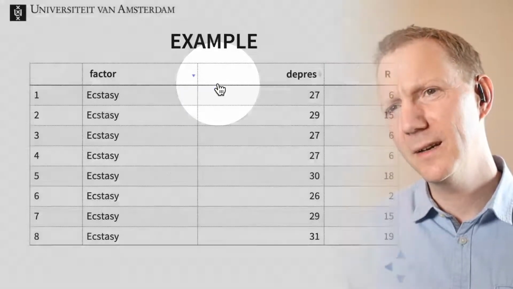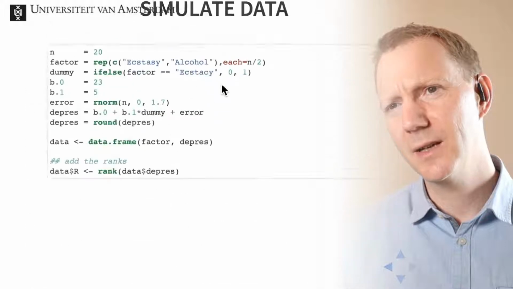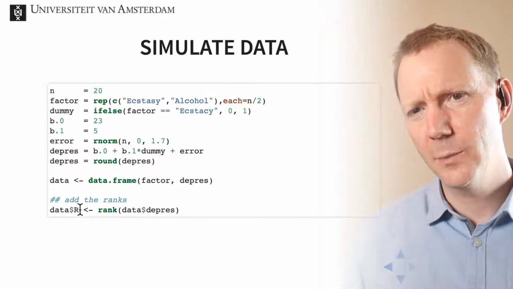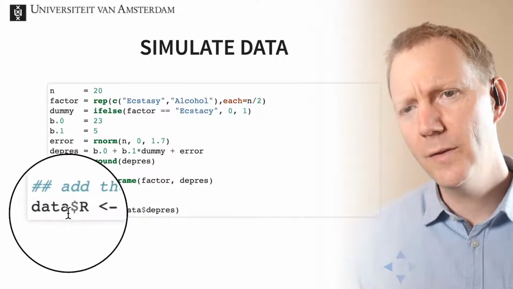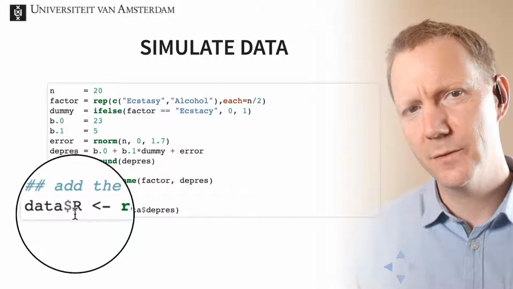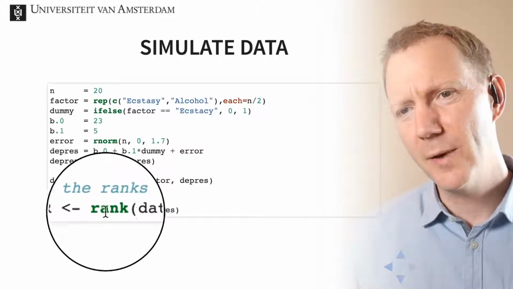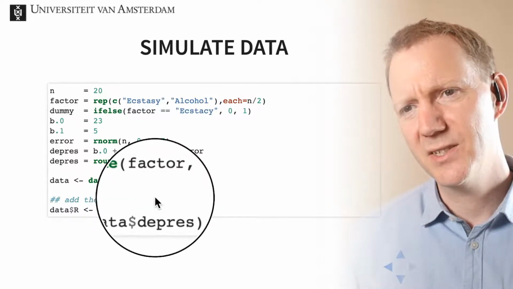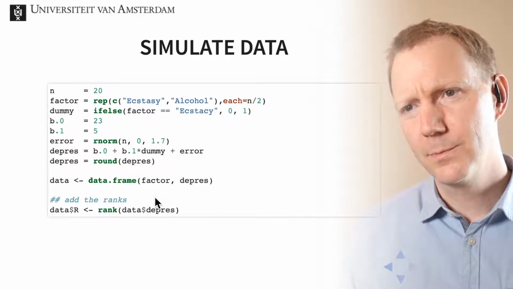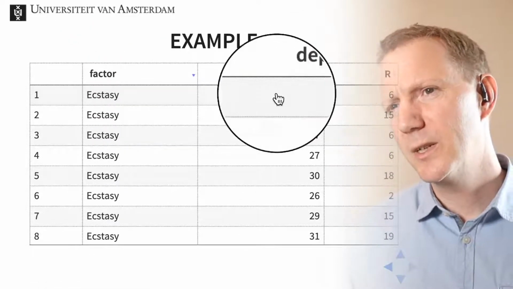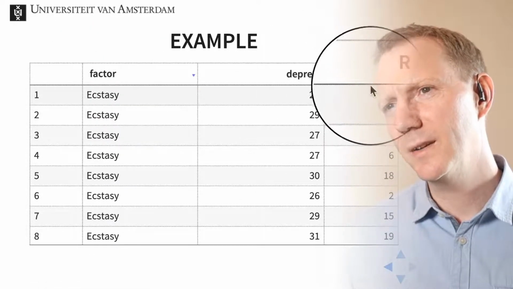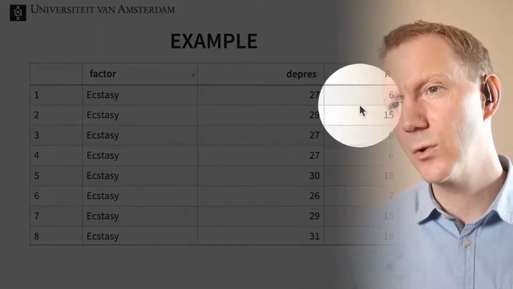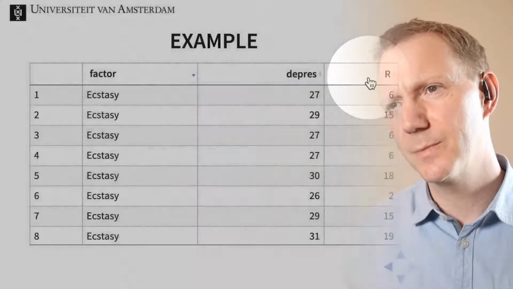And what I've created here is a new variable at the bottom called R, in terms of rank, where I applied the rank function to the depression scores. Make sense? So we've also created a column which is the ranked order for the depression scores.